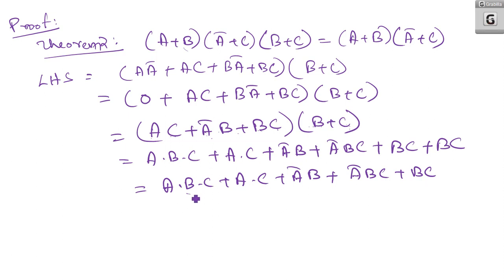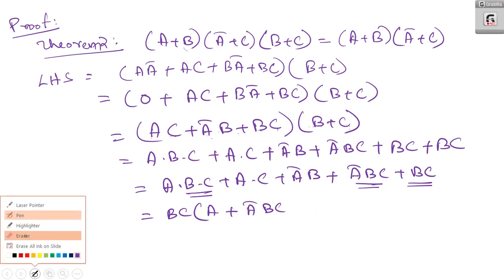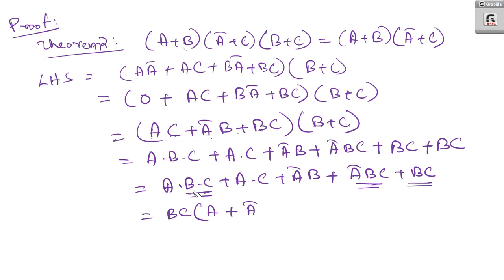BC is common in this term and this term. So you can write it as BC into A, or A bar. You will get BC dot A or A bar, or 1.